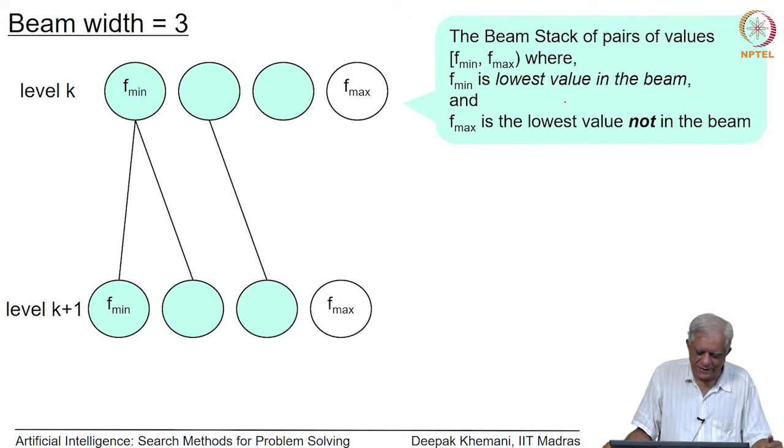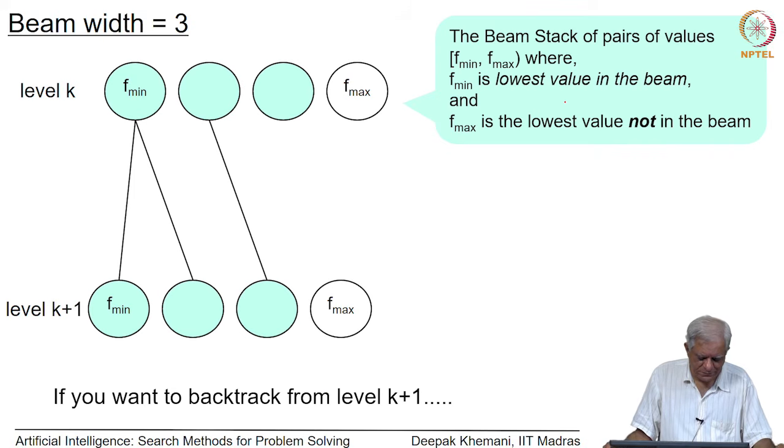And if you want to backtrack from here, what do you do? You can go back to the parent of these nodes at level k plus 1, and you will have 3 nodes in this kth level. You can regenerate the children of those 3 nodes.